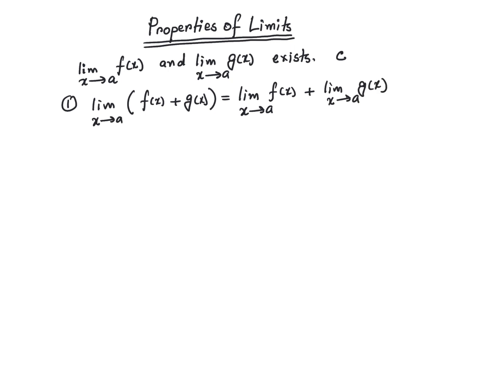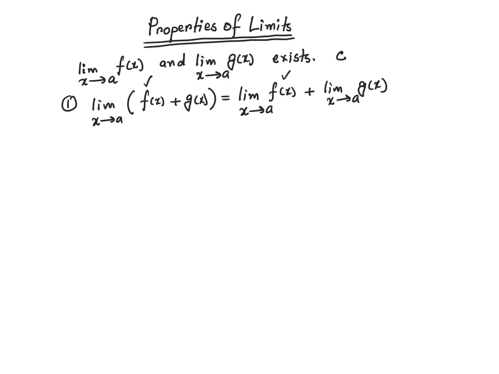What this says is this: the limit of the sum of two functions is equal to the limit of the individual functions added together, or the sum of the individual limits of these functions.